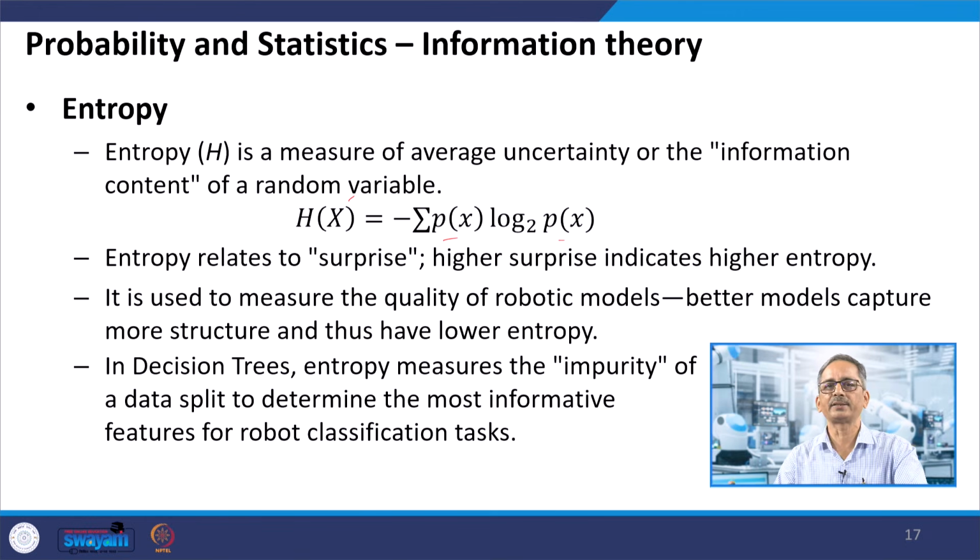Higher surprise indicates higher entropy, and it is used to measure the quality of the robotic model. A better model captures more structure and thus has lower entropy. This concept is used in decision trees, where entropy measures the impurity of the data split to determine the most informative feature for the robot classification task, which we will be seeing.